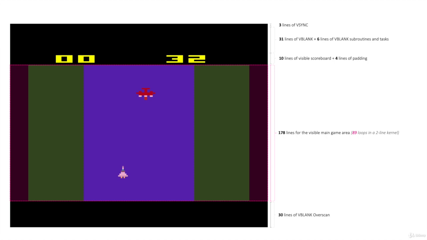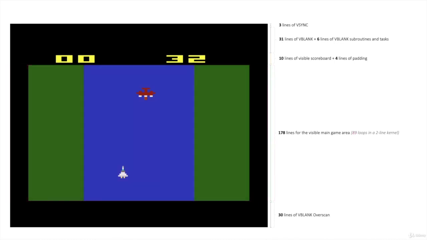And the main reason that we are only looping 89 times is because we are using a 2-line kernel. So in our kernel pass, we are actually rendering 2 scan lines per pass, meaning that we loop 89 times to actually render all the 178 total lines. And that takes care of our visible scan lines.